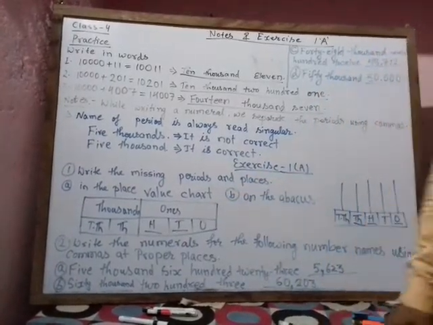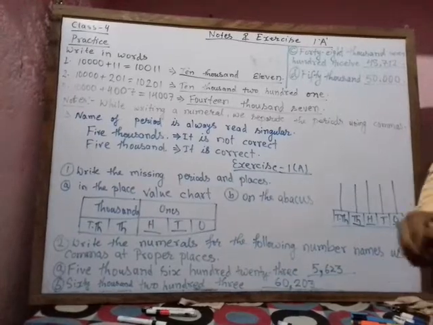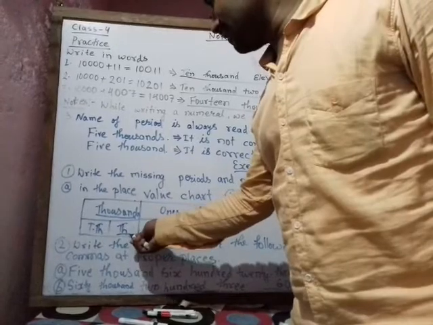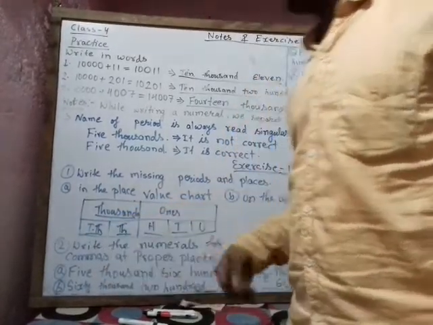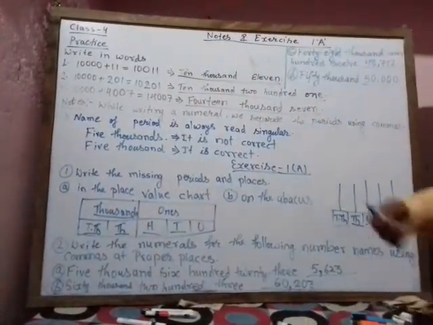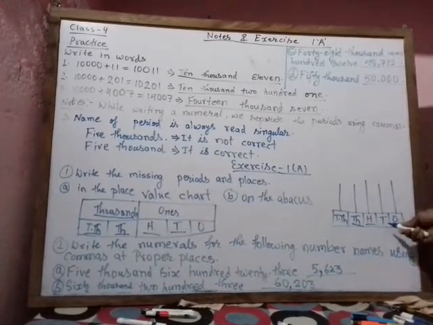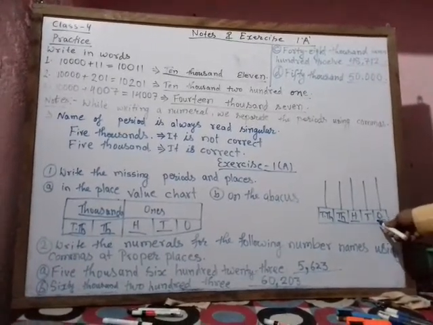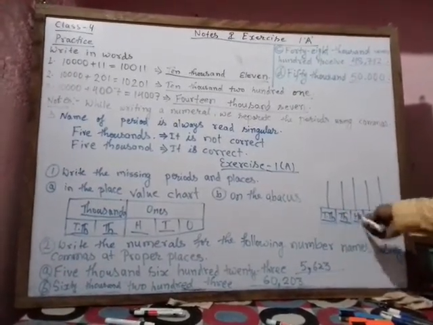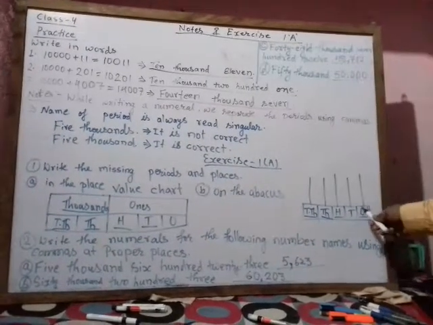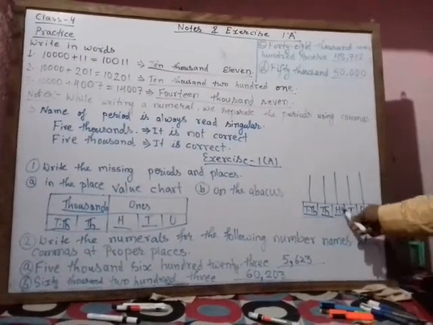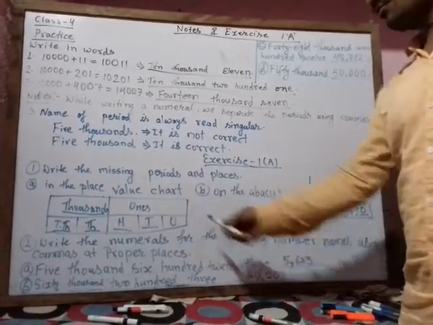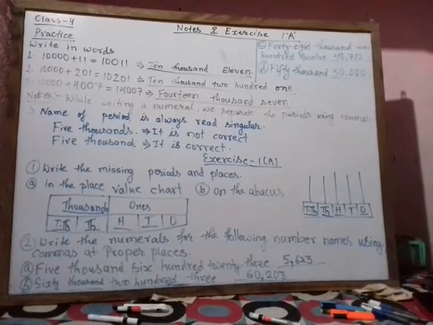In the same way, over here, thousands was not written, and 10,000 also was not written. These were all blanks. In the same way, in the abacus representation, only tens was written and the remaining were blank. So before tens there comes ones, after tens there comes 100, after 100 there comes 1,000, and after 1,000, 10,000. These were to be filled in.